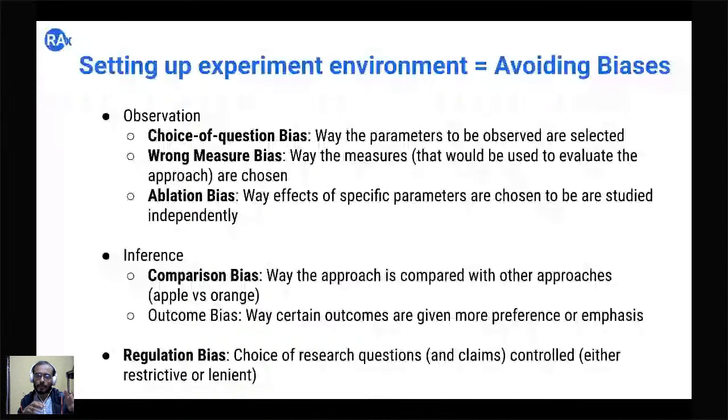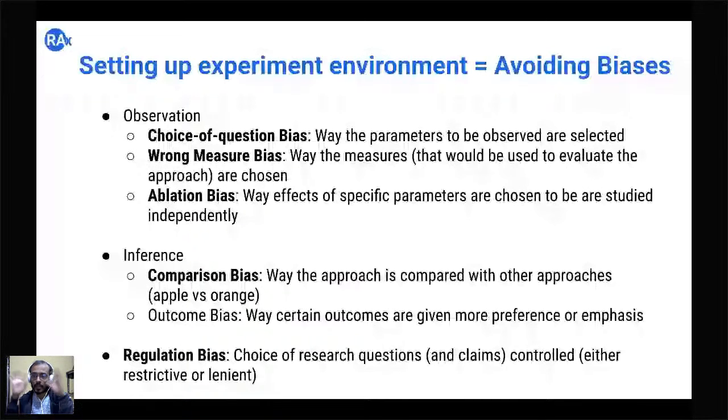When you're choosing parameters which will not help you to support your claim, because so many times if the biases creep in, it's not just about the bias supporting the claim. Many times if the bias creeps in, it may negate the claim incorrectly.